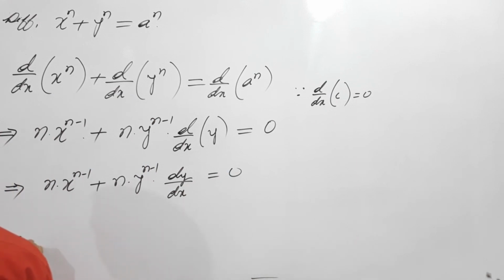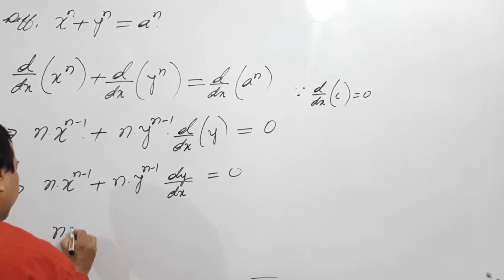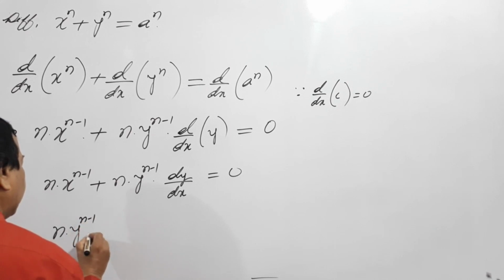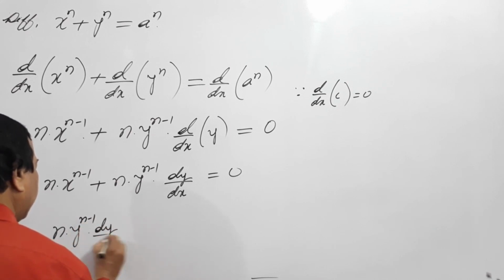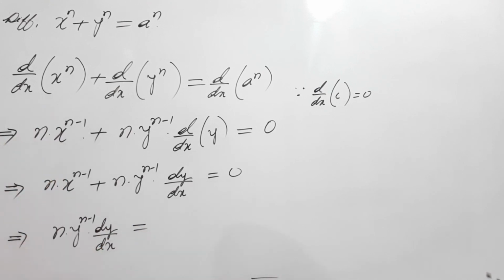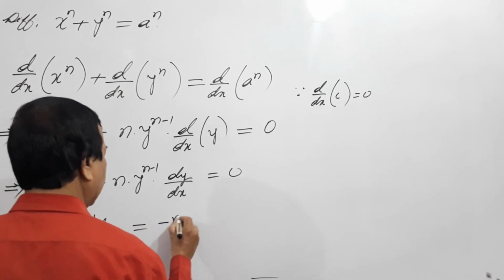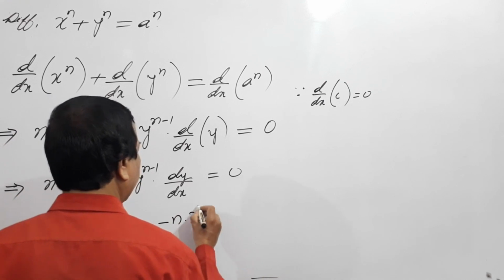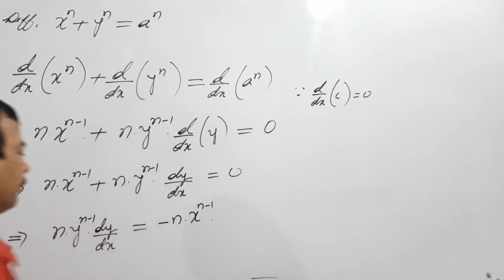So this becomes n into y to the power of n minus 1 into dy by dx equals minus n into x to the power of n minus 1. Done. I'll keep dy by dx, and send the remaining portion to the right hand side.